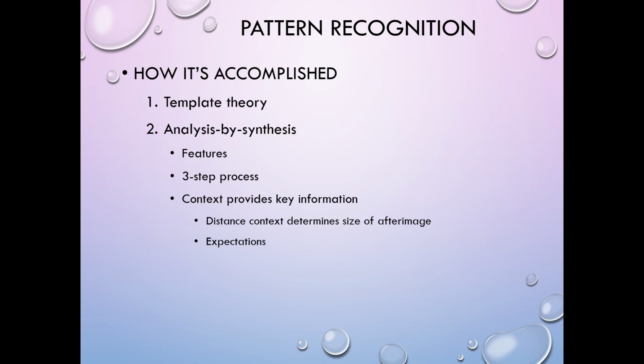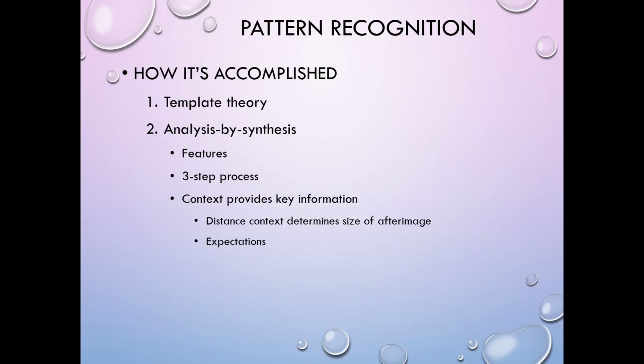Then when I look up and look at a wall, it goes, okay, well, now it's being cast on the wall and now it needs to be this size to accommodate the distance. It just sort of grows with it. And that's another piece of evidence that maybe your brain is synthesizing the different features and putting context, distance context, the object, all those things together and making it make sense.